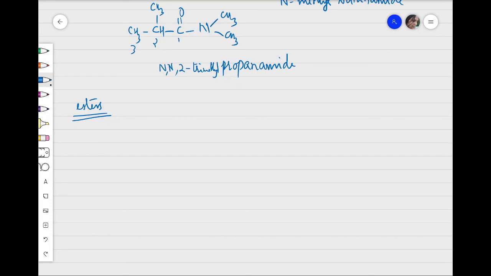Because you know that it comes from an acid and an alcohol, the alcohol counterpart will be named as the corresponding alkyl group, and for the acid you remove the IC acid and give the ate to it.